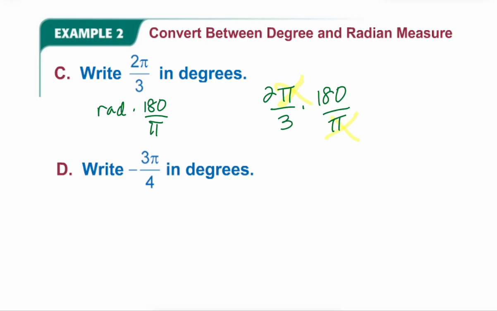Yes? I'll show you in a minute. So next, you're multiplying these fractions. So it's really 2 times 180 and then 3 times 1. So you end up dividing by the 3 and multiplying by the 2. So it's 2 times 180 divided by 3.